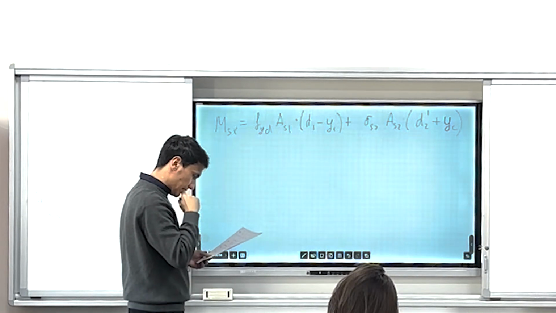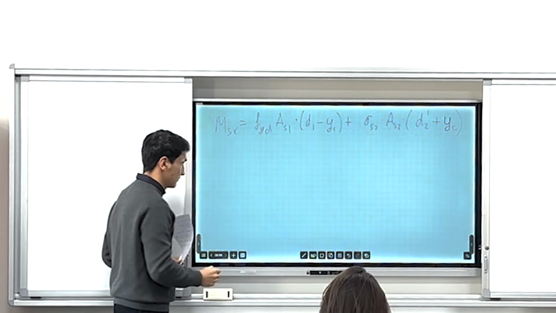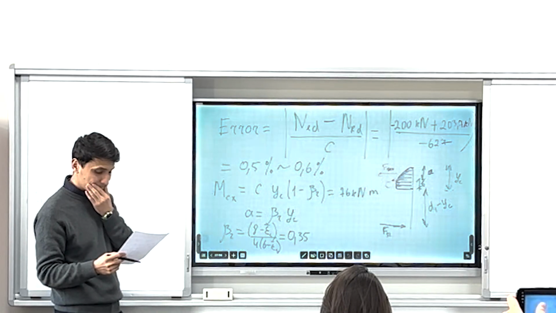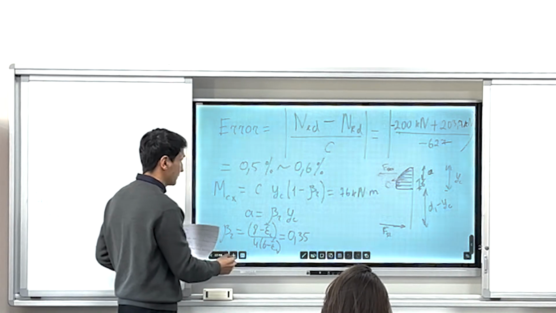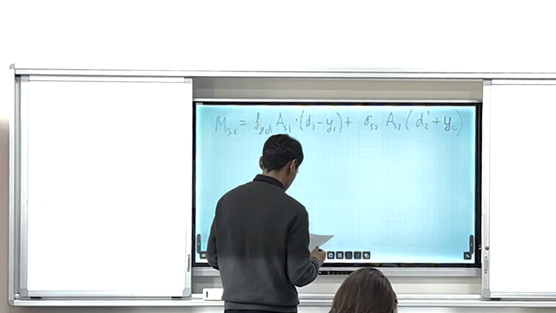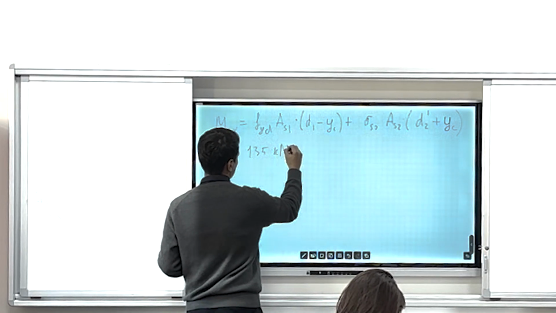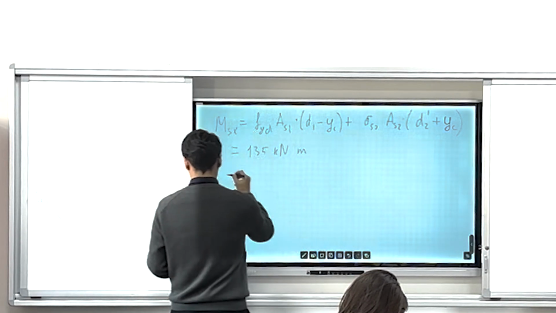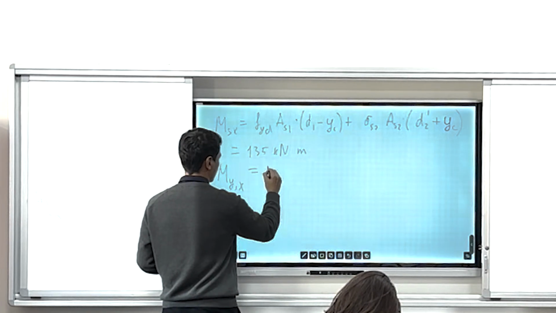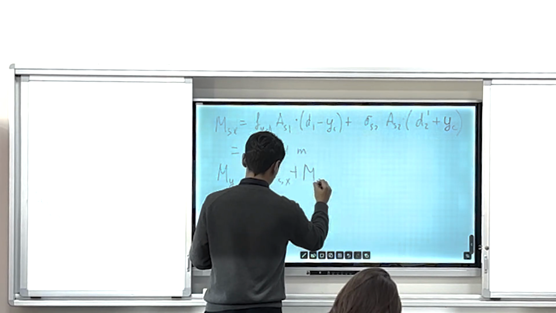Is it correct? Could you move to the previous slide? So now you will get 135 kilonewton meter. So the yielding bending moment around the neutral axis will be equal to M concrete plus the moment due to steel.